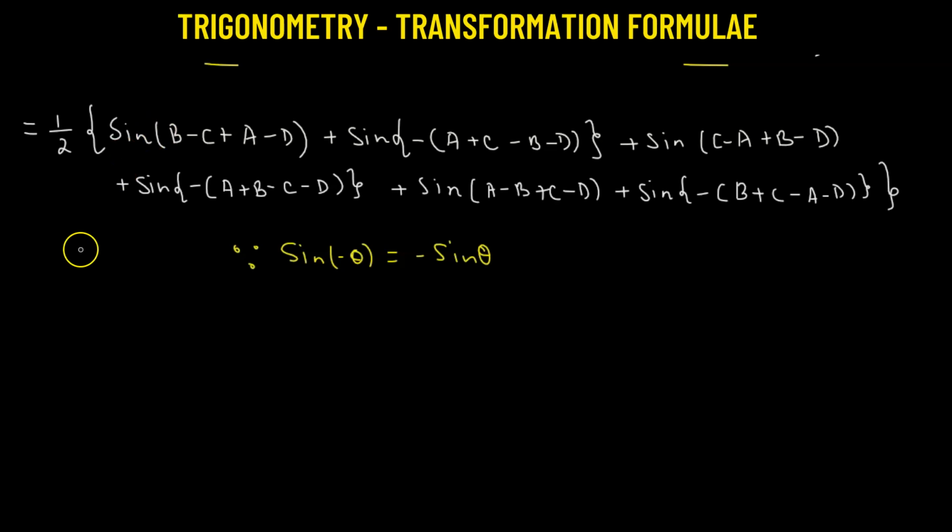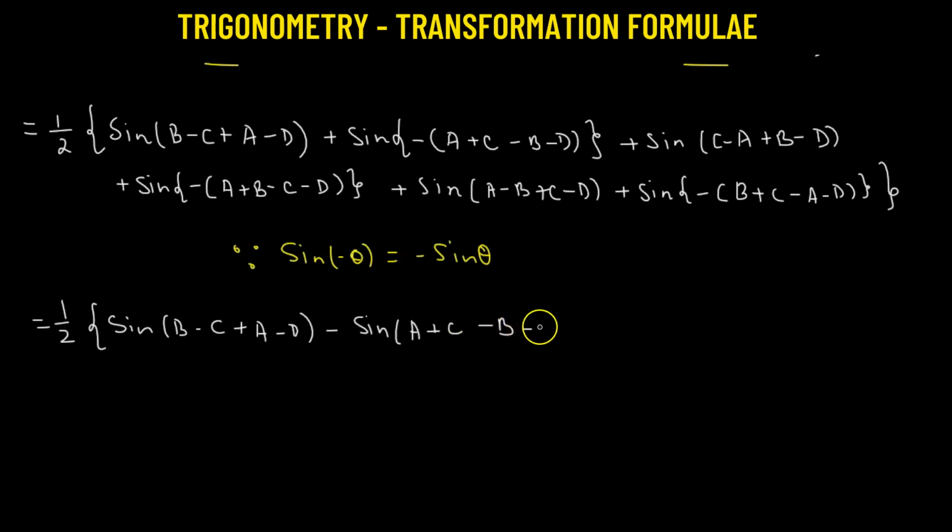And that means we can now get half times sine of angle B minus C plus A minus D. So here the second term will now become negative of sine of A plus C minus B minus D. The third term will be as it is.